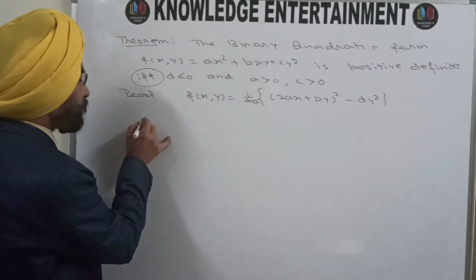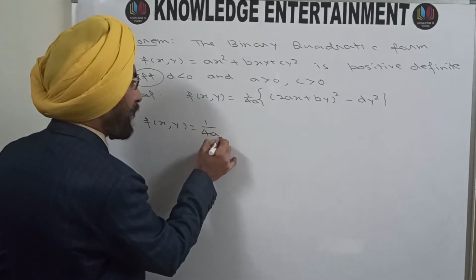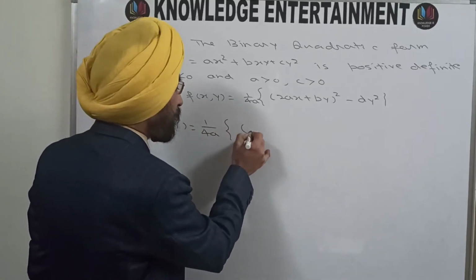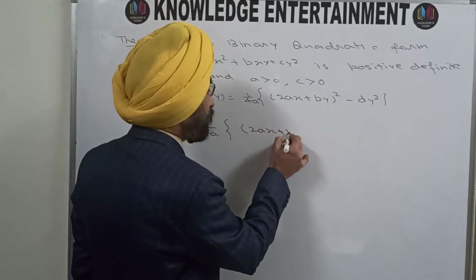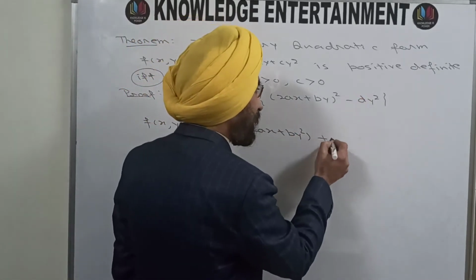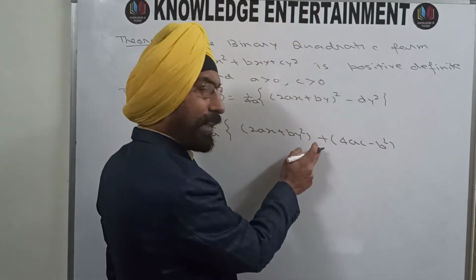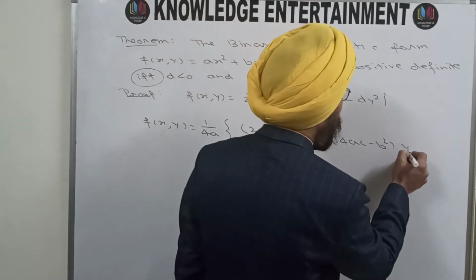Your f(x,y) is 1 upon 4a times (2ax plus by) square minus d, and I am going to write d as 4ac minus b square. I have changed the sign, so I have changed the sign outside also, times y square.